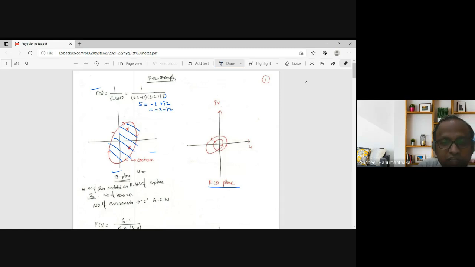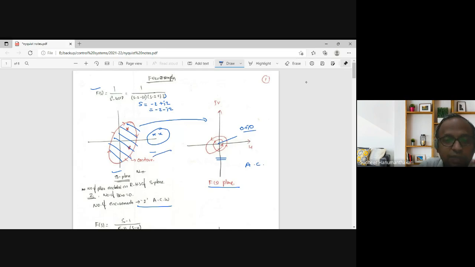Now, if I map each and every point of the contour onto the f of s plane, it will result in encirclement of the origin two times in the anti-clockwise direction. So the conclusion is, if your contour in the s plane is enclosing two poles, I can observe that in the f of s plane my origin, that is 0 plus j0, is being encircled two times in the anti-clockwise direction.